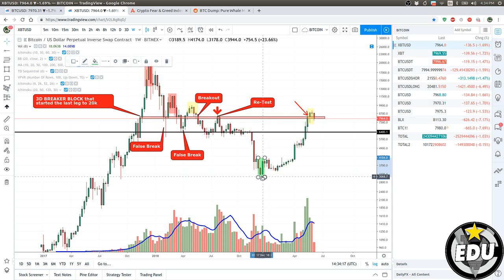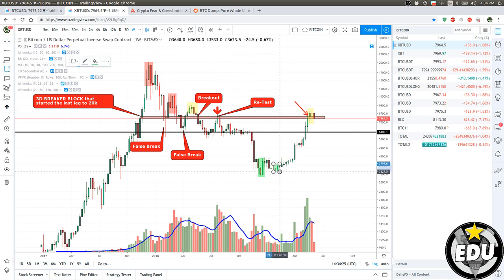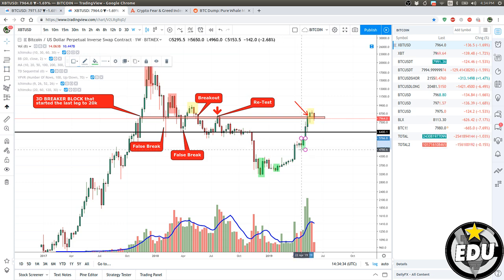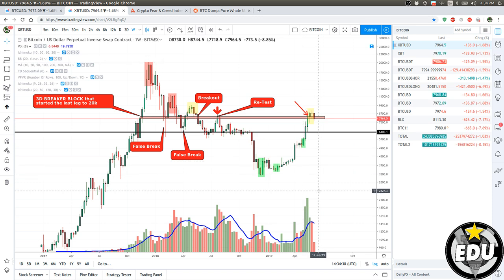A massive bullish engulfing on weekly, and then we had another one here, a small one, another bullish engulfing at the bottom of a correction or a consolidation. So all candles that work.